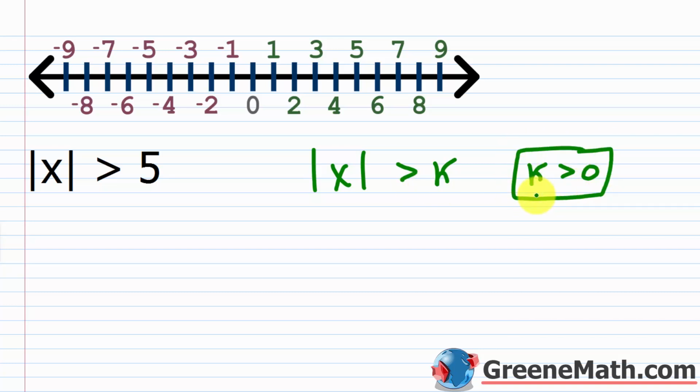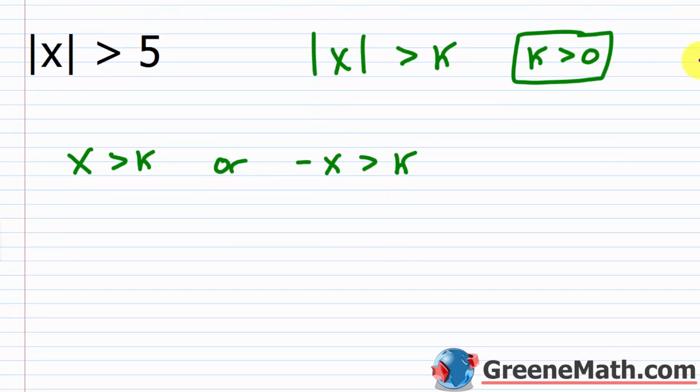Then what's going to happen is we set up a compound inequality with or. So x can be greater than k, or you could say the negative of x, because the absolute value will make that positive, is greater than k. Now, when you see this in your textbook, what they do is they divide both sides by -1 so that it's solved for x. And so you're going to get that x is less than.